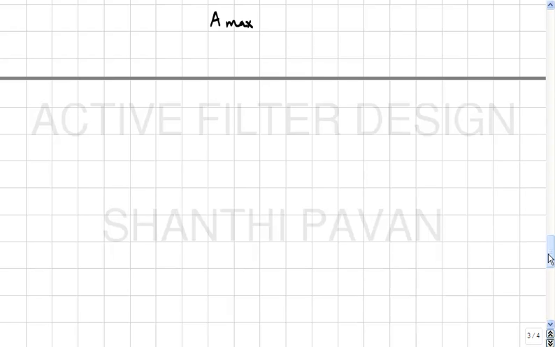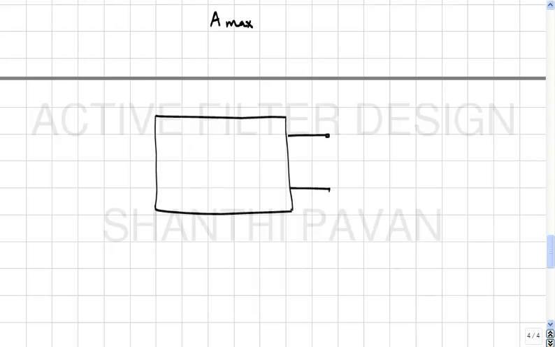In other words, if I find the noise power coming out of the filter, then from that I can go and calculate A min. Does that make sense? So, to calculate A min, all that I need to do is to find the noise power at the output of the filter, right.